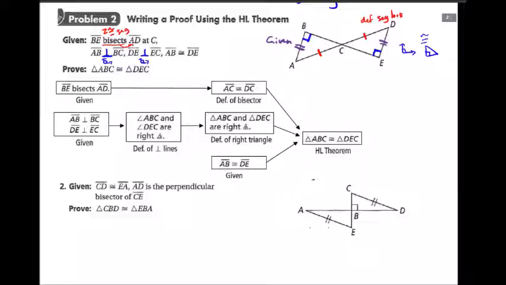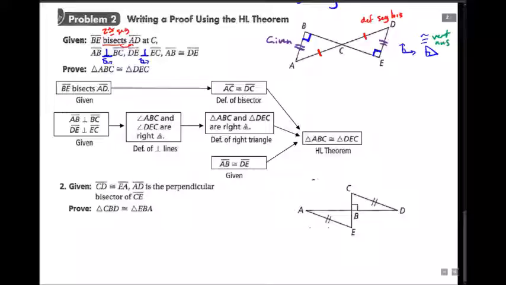And let's look here at what we have. Well, we could do this both ways. We could use vertical angles and make our right angles congruent. If we use our vertical angles here, then we would have angle, angle, side, or we could go with our new thing that we learned and be one step shorter.